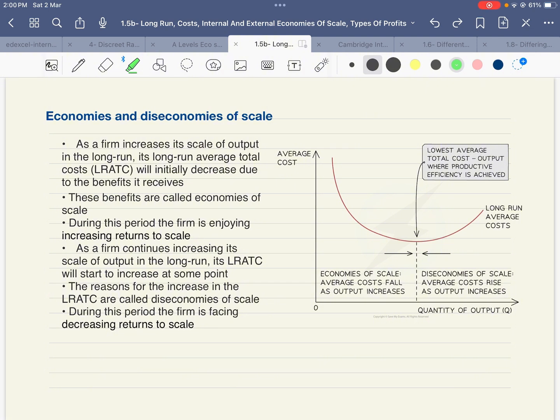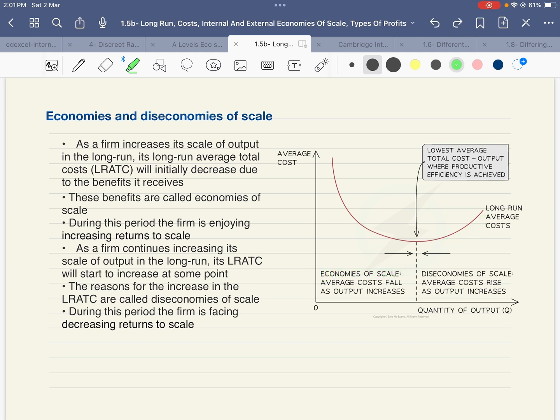Initially, the long run average costs start to decline because of certain factors. However, after the company reaches a certain point of production, these costs start to rise. Till the point where the costs decline, that point is called economies of scale. And after the point where costs start to increase, that point is called diseconomies of scale.